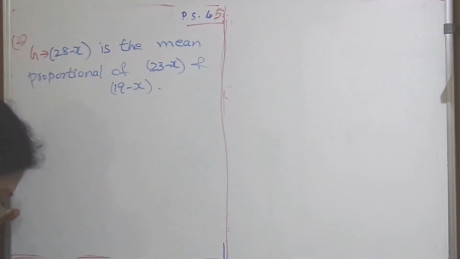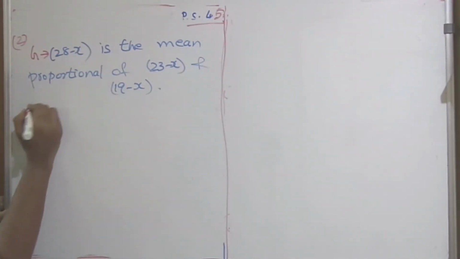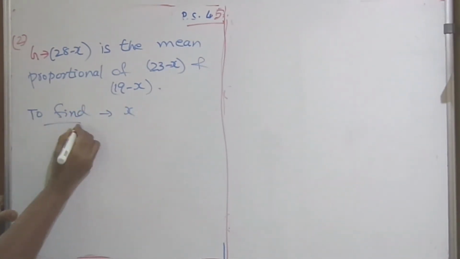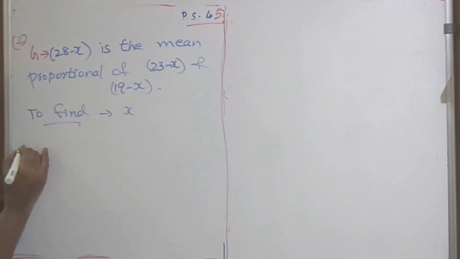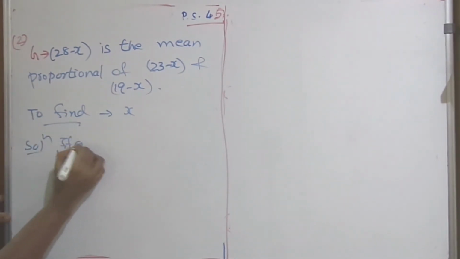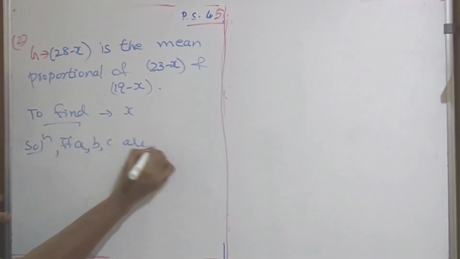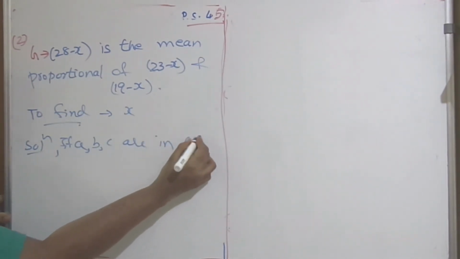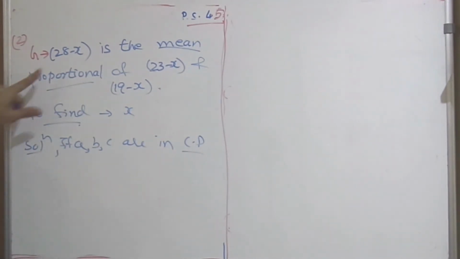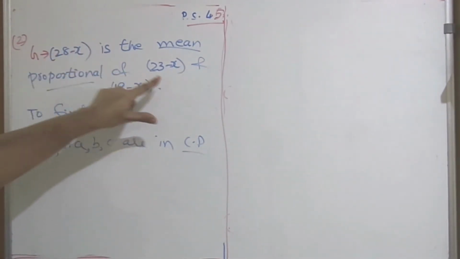Okay, and what you have to find? x. Okay, now you know the formula. If A, B, C are in continued proportion, this mean proportional tells you that these three numbers are in continued proportion. This is the middle number.